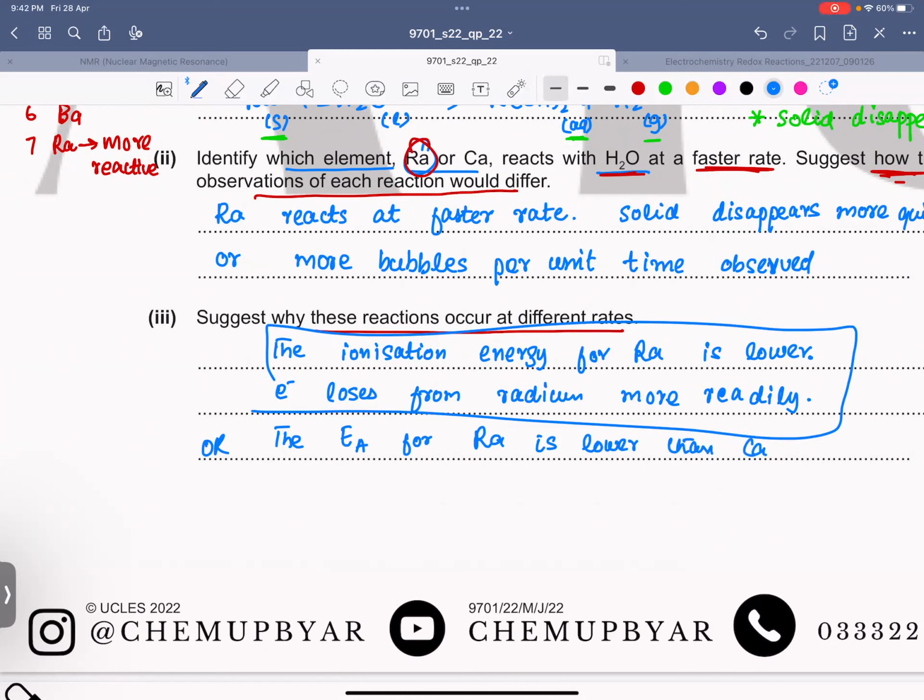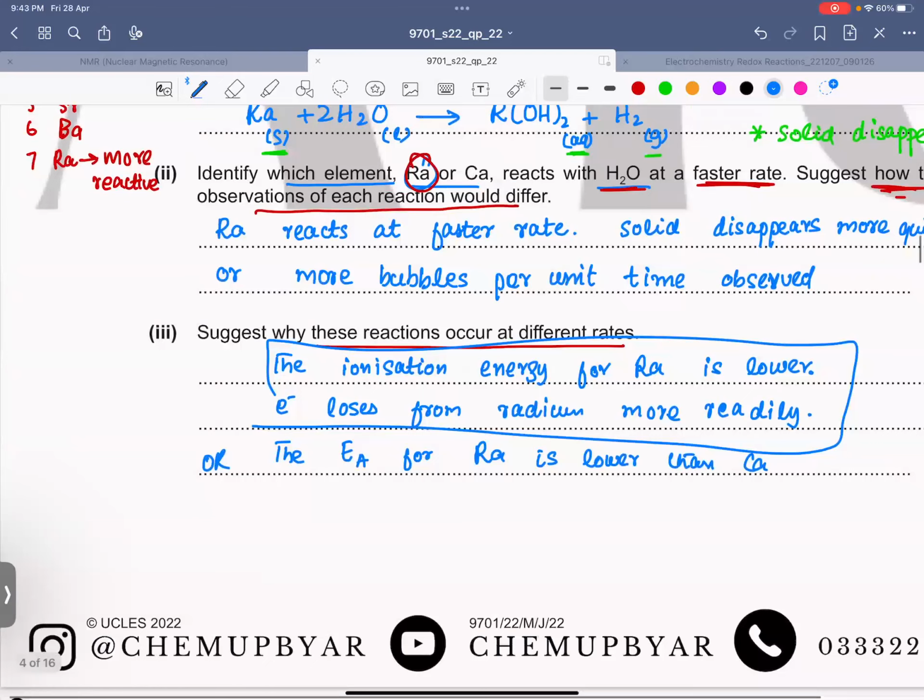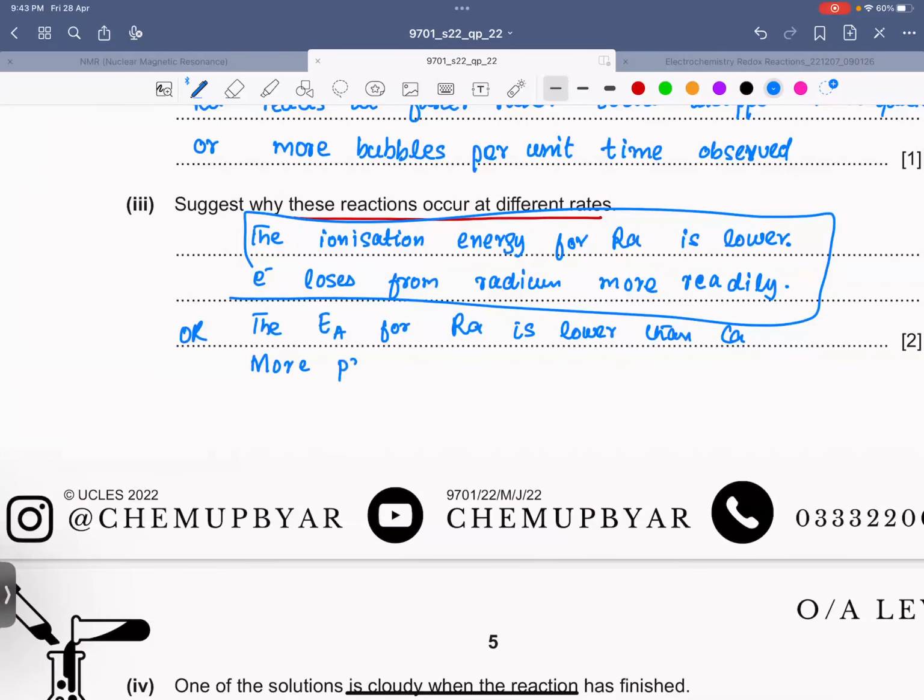And when we refer to activation energy, our next point would be the explanation of this activation energy, which is that more particles have energy equal to or greater than the activation energy. Hence, the frequency of successful collisions increases.